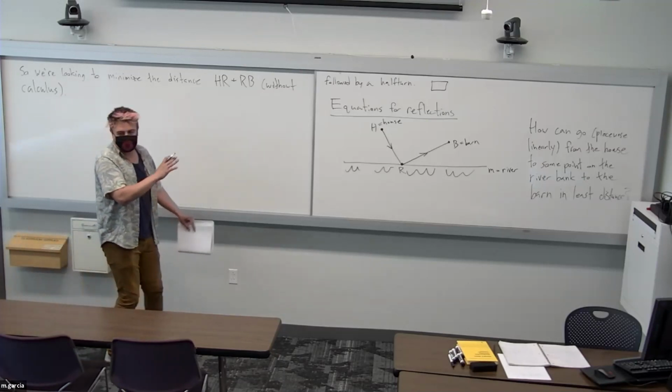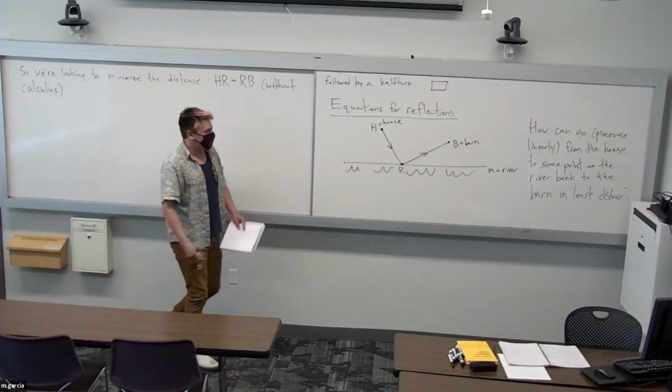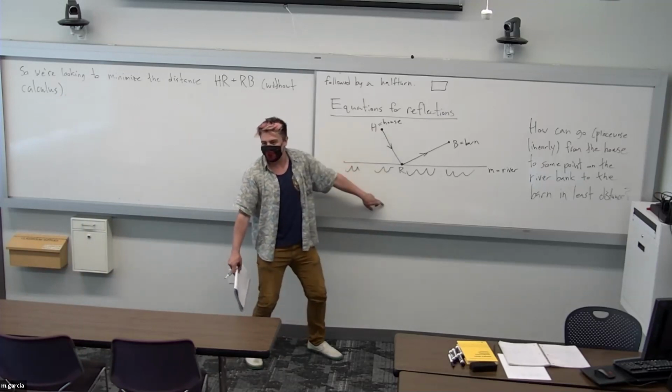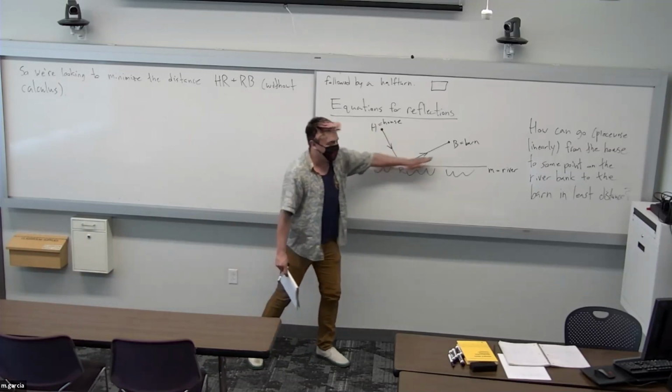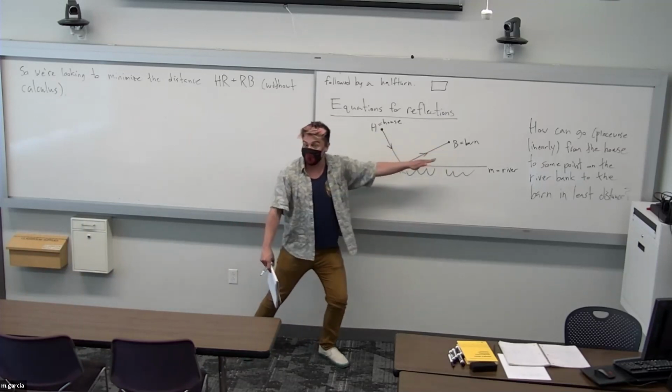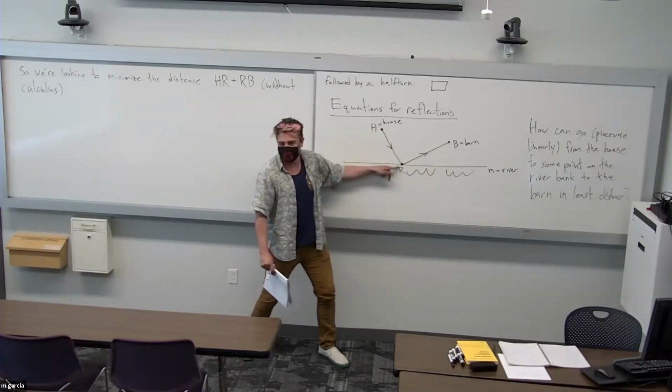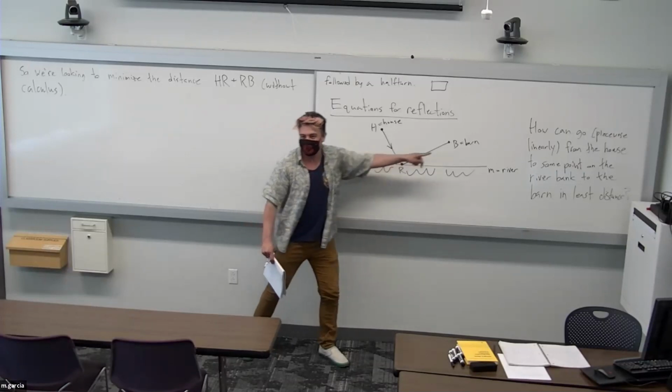Without writing down any equations, what we can do is imagine that the house was on the other side of the river. And then we'll have a straight line. We can define a line that passes through R and H and B.